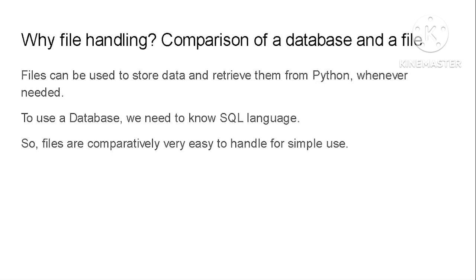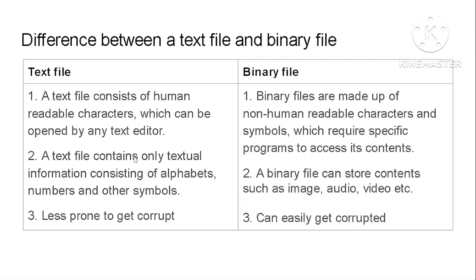So we are going to learn how to store data in files like text files and binary files. Files can be used to store data and retrieve them from Python whenever you want. To use a database, we need to know SQL. In case you need not do that, you can use simple files to store the data and get it back.